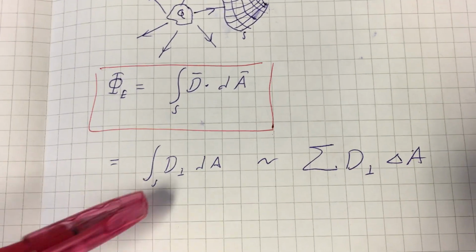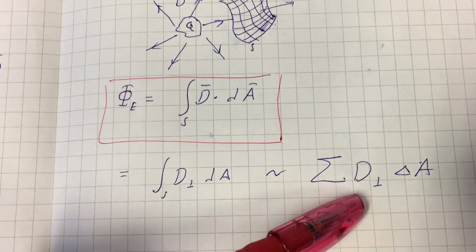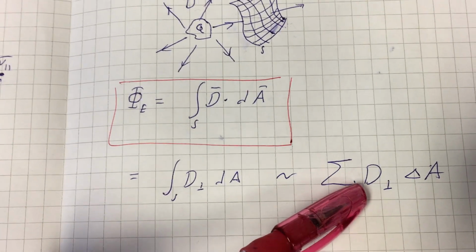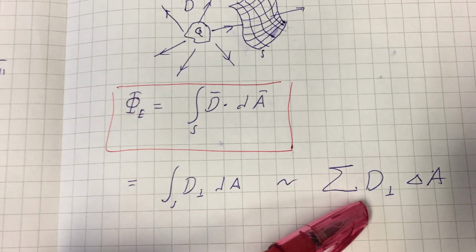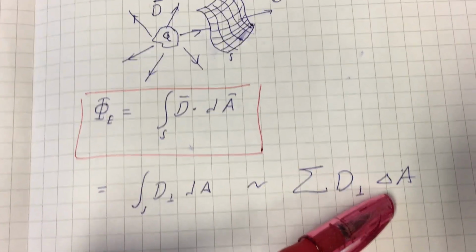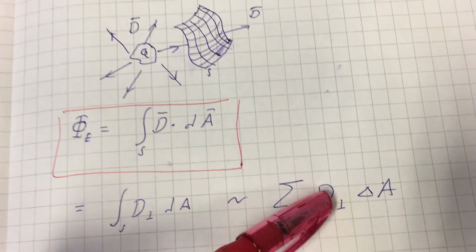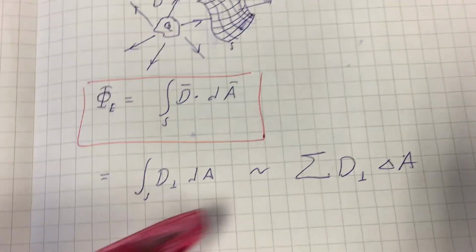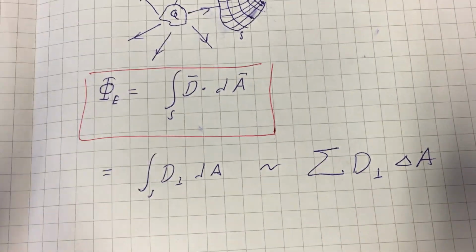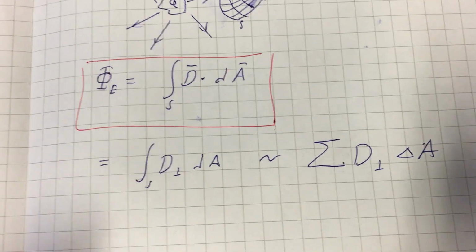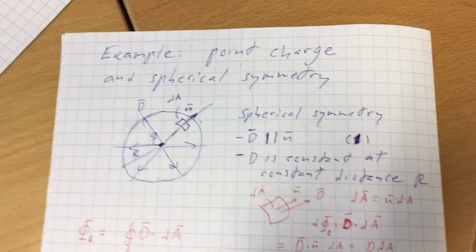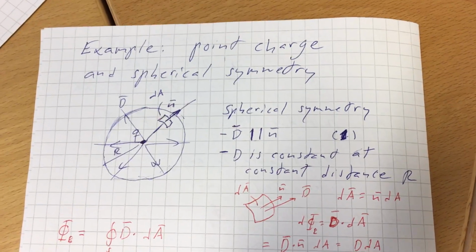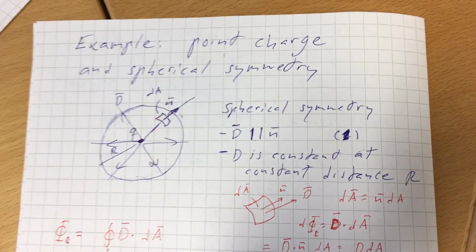And in principle it could be thought of as a flux element, the perpendicular component of flux density at a chosen surface element, and so it's a sum over all these elementary flux elements. So a very simple example here is the electric flux of a point charge.